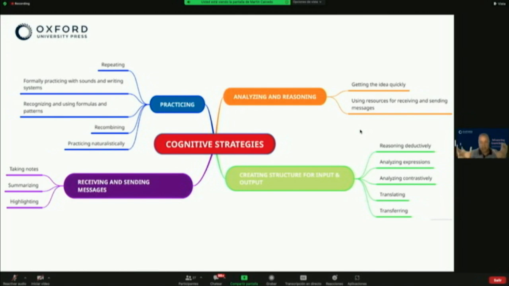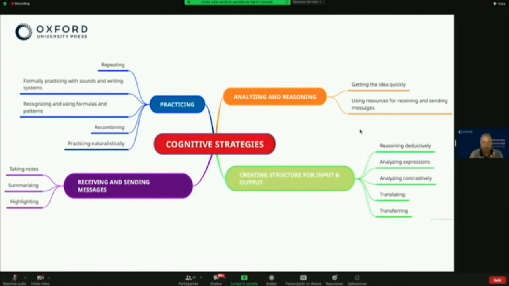So it's not that it's forbidden, it's just that there are some connections that can be related to each other and they can help our students to anchor new information and hence learn a new language. Translating and transferring are two different things here. When we talk about translation, we are talking about moving from one language to the other. But transferring is extrapolating skills from our L1 to an L2.